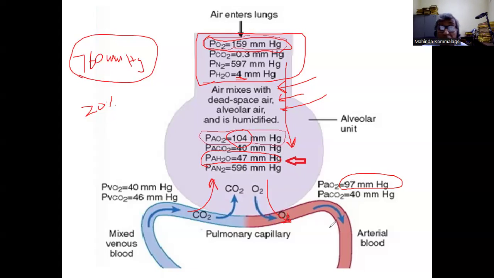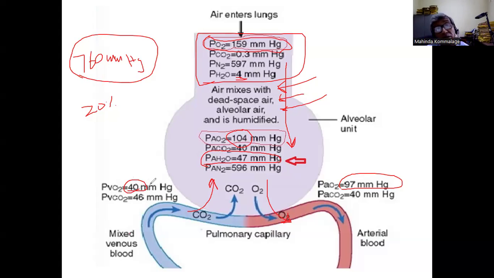In the same way, you should understand the partial pressure of oxygen in the blood in the pulmonary artery. That is blood coming from the right side of the heart, and it contains an oxygen partial pressure of about 40, because that is deoxygenated blood, systemic venous blood coming from the body.